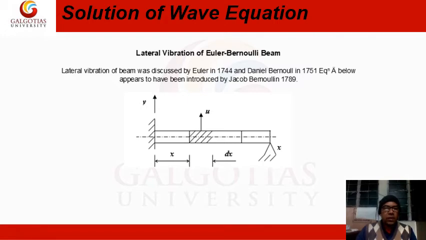Here you can see this is the Euler-Bernoulli beam. One end is supported over here, and this is fixed over here, and it is supported over here, and there is an elemental length dx at distance x, having displacement u in the y direction. This is the diagram of the Euler beam.